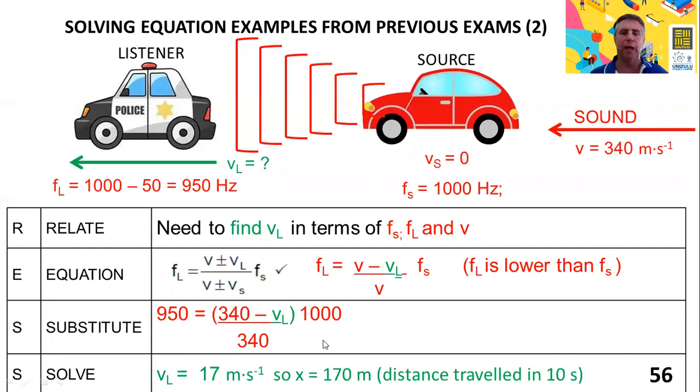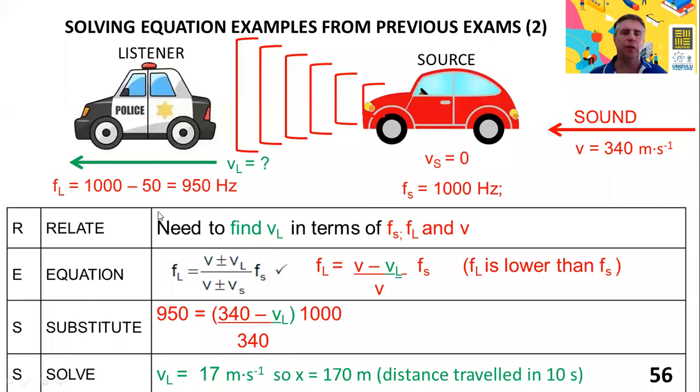Now, the question actually said, what is the distance traveled in 10 seconds? And that's just simply multiplying velocity by time, and we get 170 meters as our answer. Please make sure that your final answer is that distance and not actually that velocity over there.